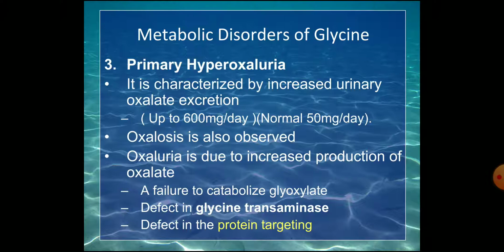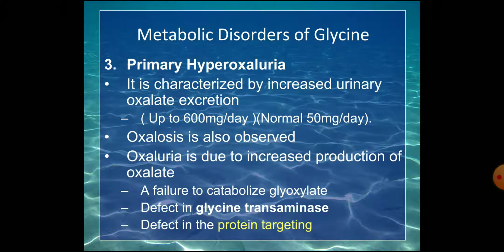Instead, it is getting oxidized and producing more oxalate. That is the cause for oxaluria and oxalosis in the body. Okay, that much you have to remember. It is a protein targeting defect where the glycine transaminase wrongly reaches the mitochondria instead of the peroxisome.